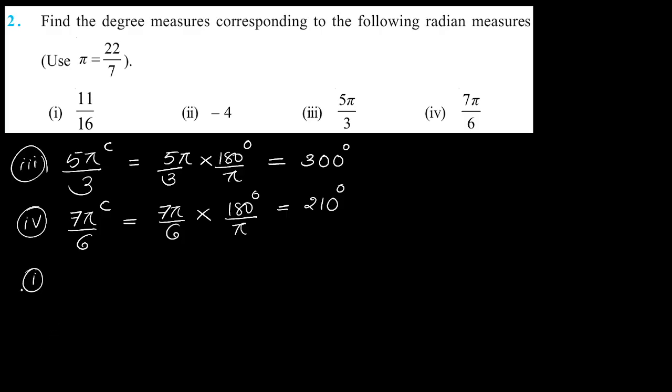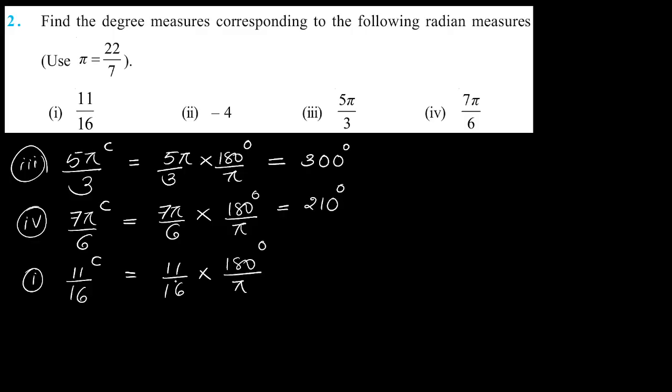Let me discuss the first one. 11 by 16 radian. The question clearly says that the following are the radian measurements. These all are the radian measurements. So this one is 11 by 16 radian. To be converted to degree, the radian is multiplied with 180 by pi.